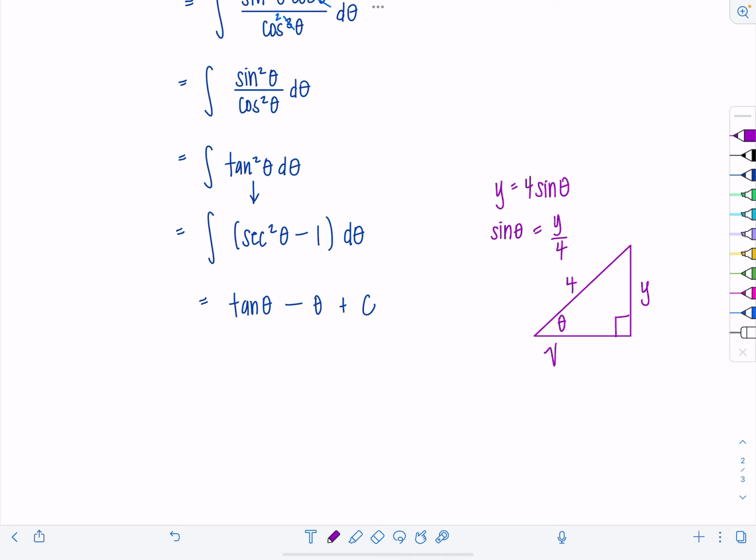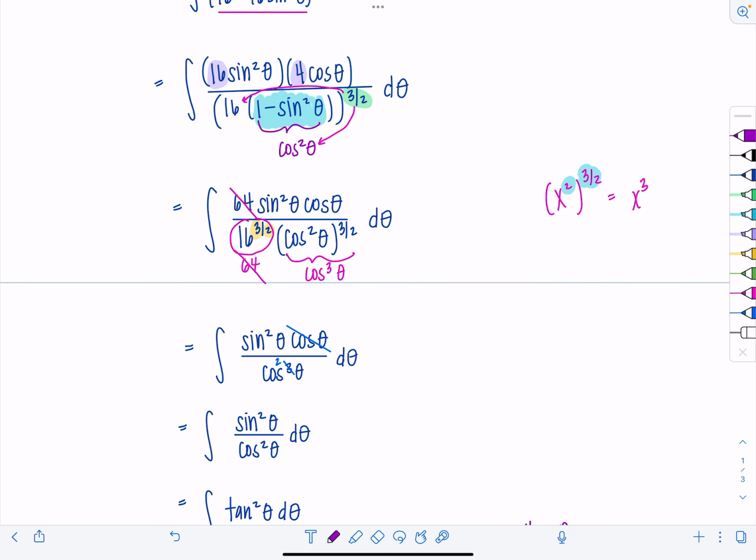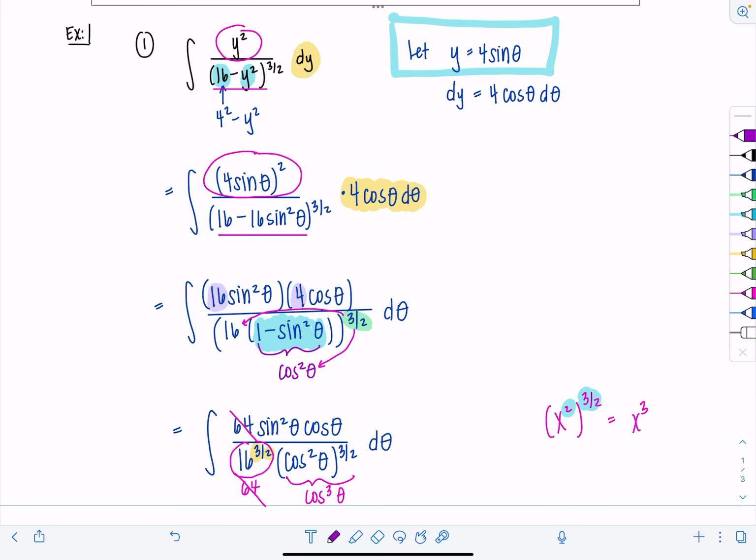In this case, it's going to be the square root of 16 minus y squared. And just as a clue, this expression for the missing side should match something that you saw in the original integral, which we did, right? We had 16 minus y squared in the denominator. Do you remember? It was so long ago. Right here. 16 minus y squared.